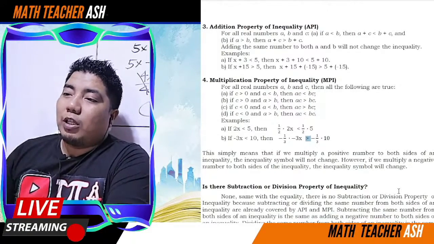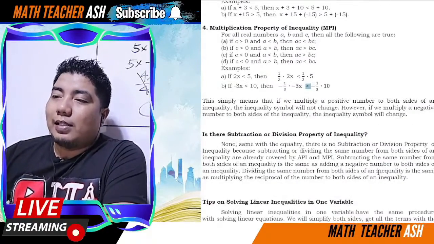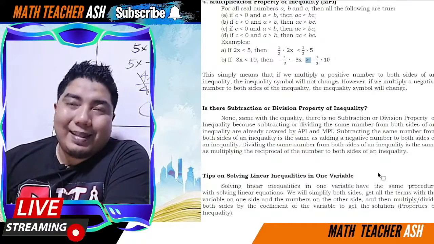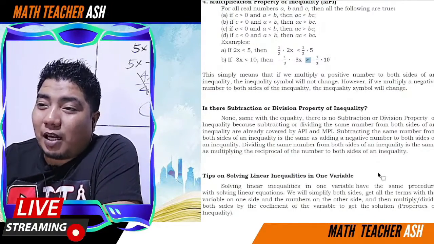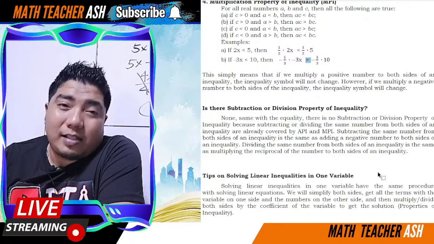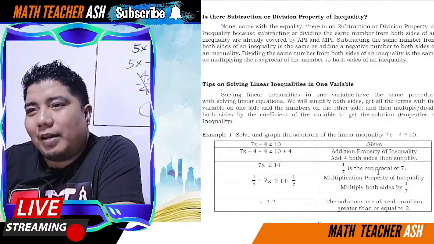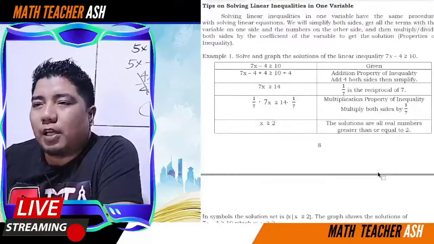However, if we multiply a negative number to both sides, the inequality symbol will change. I hope that is very clear, my dear math learners. Alright, so is there a subtraction or division property of inequality? Same as the equation? Wala pa rin. Okay, so they are just the same concept as the addition and multiplication.